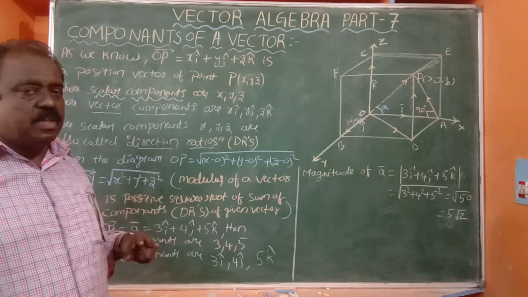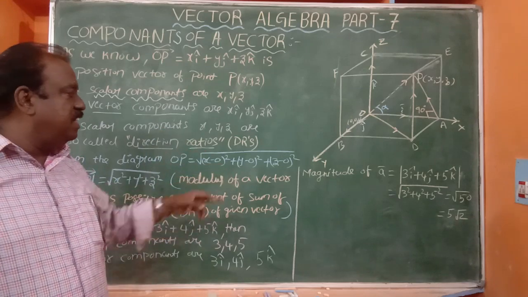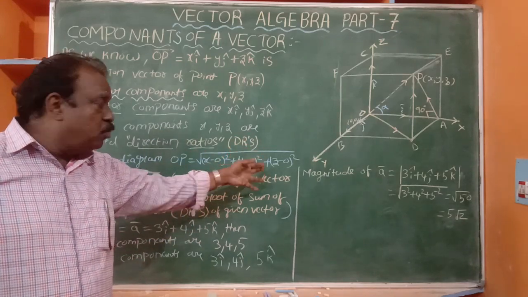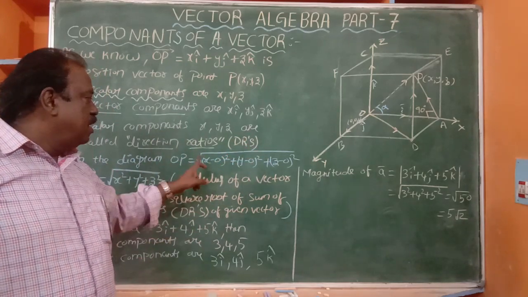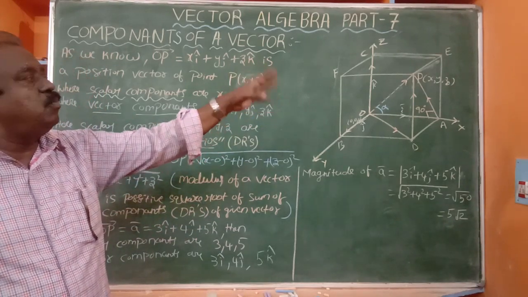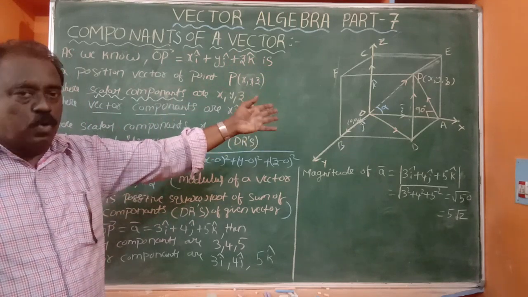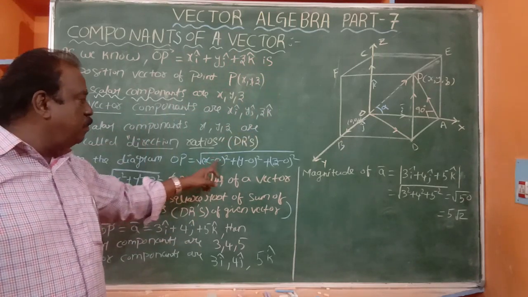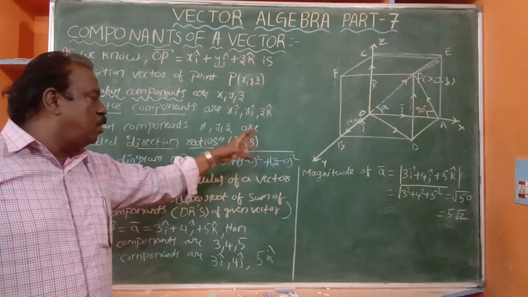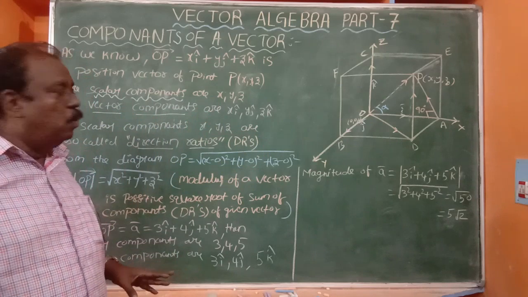But in three-dimensional geometry, one axis is extra: plus (z2 minus z1) whole square. There x2 is x, y2 is y, z2 is z, and x1, y1, z1 is 0, 0, 0. So we get the root of (x minus 0) whole square plus (y minus 0) whole square plus (z minus 0) whole square.